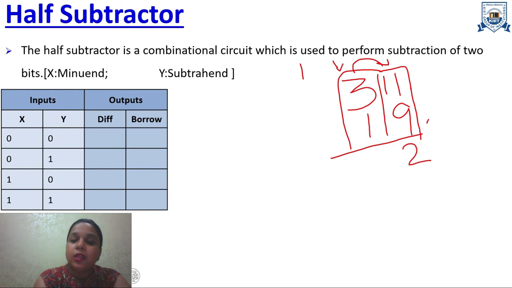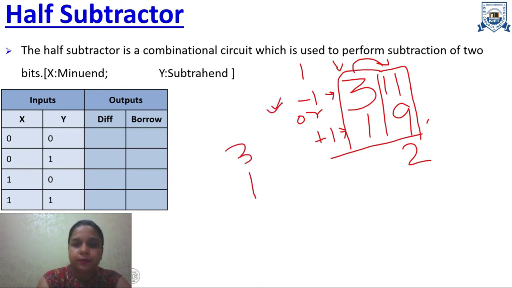Now what we can do is either subtract 1 from this 3 or add 1 to this side. There are 2 options to execute. If we pick 3 minus 1, then it will be 2 minus 1 and the answer will be 1.